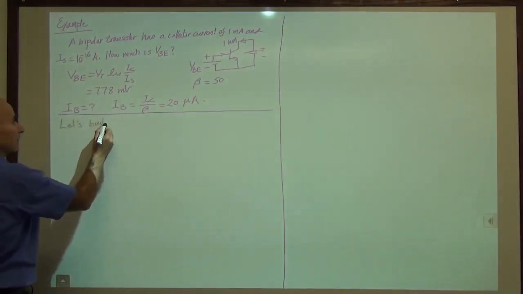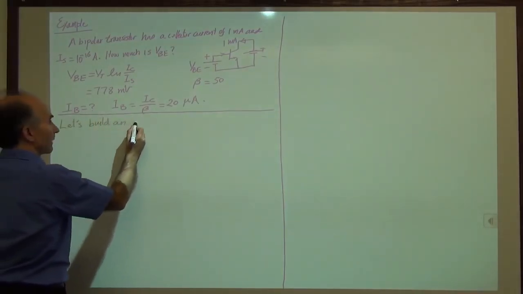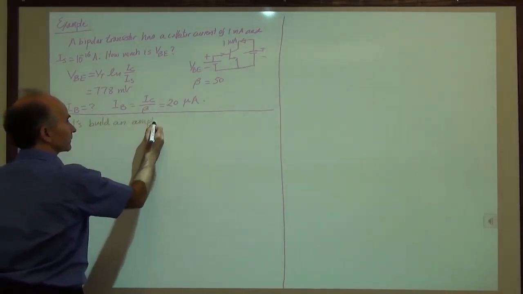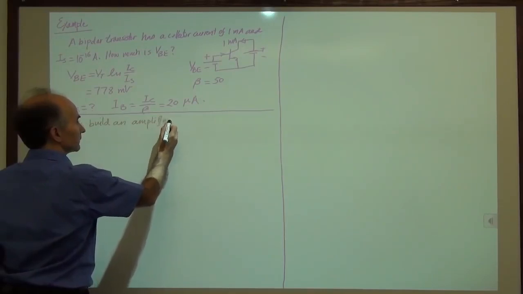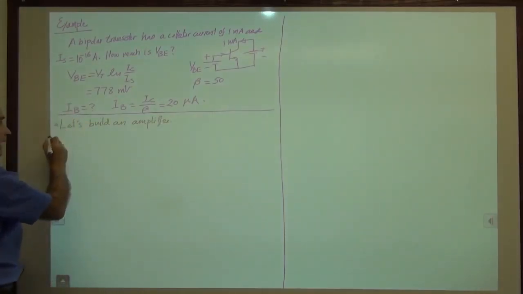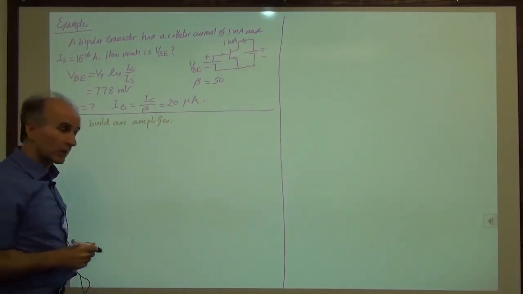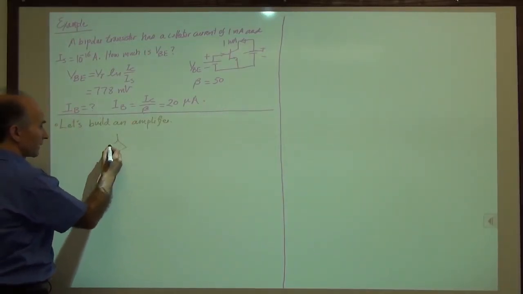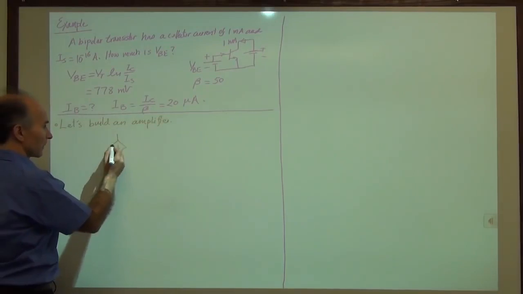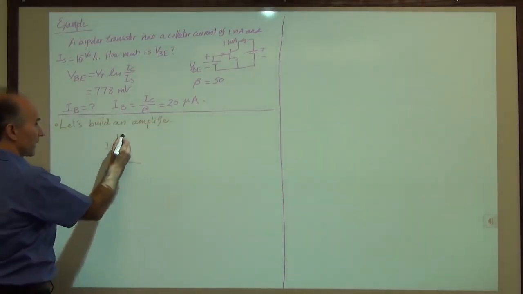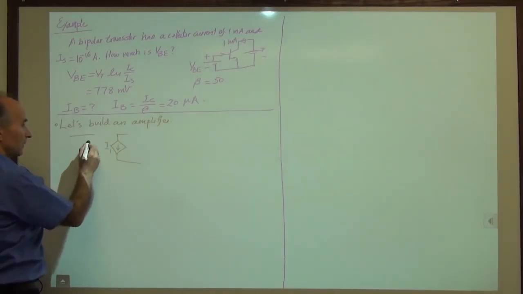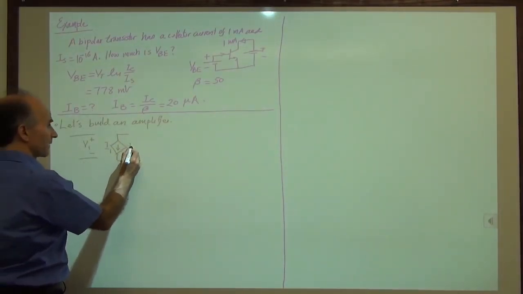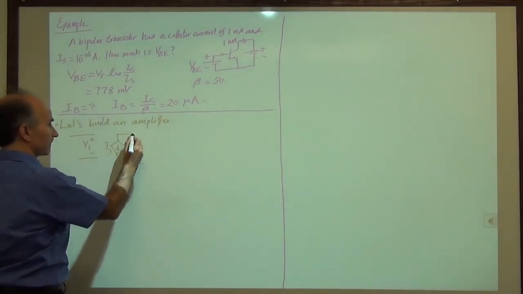All right, so I say let's build an amplifier. So remember how we did that last time. We said if I take a voltage-dependent current source, I1, that depends on a voltage V1, and its dependence is K times V1.